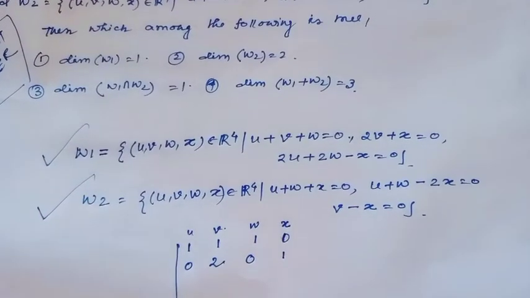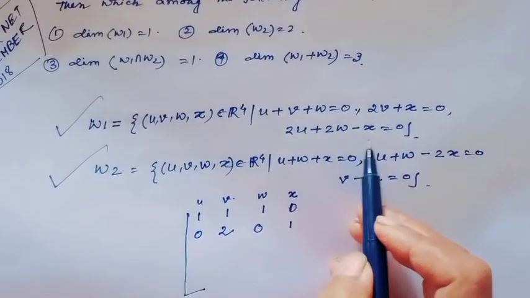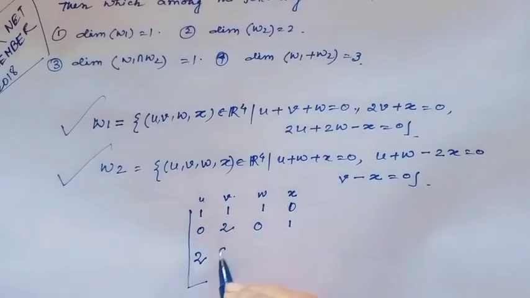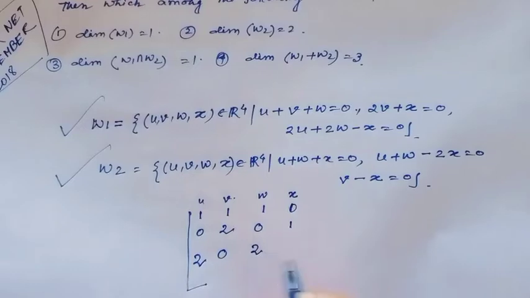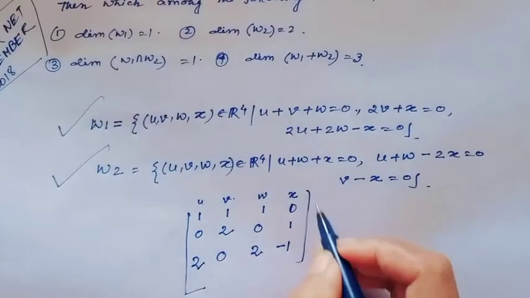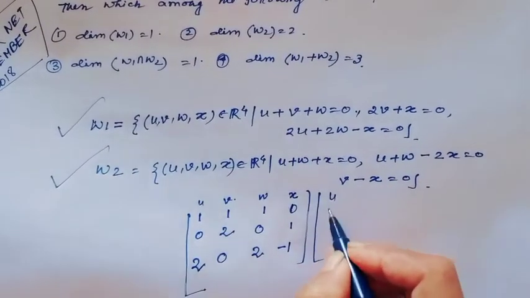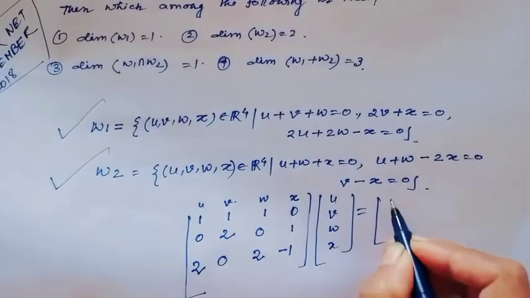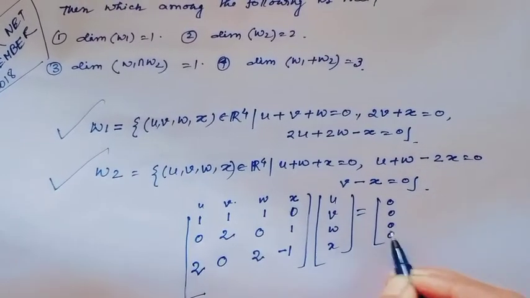And here 2U plus 2W minus X equal to 0, that means 2, 0, 2, minus 1. And the vector UVWX equals the zero vector.